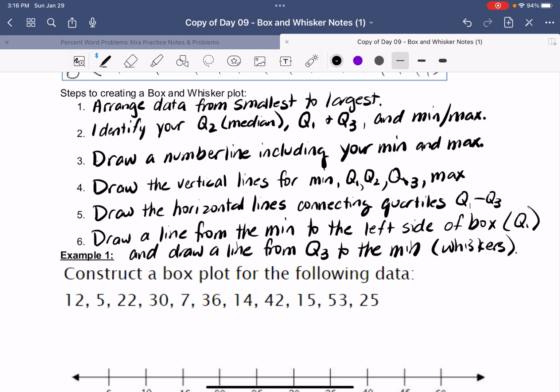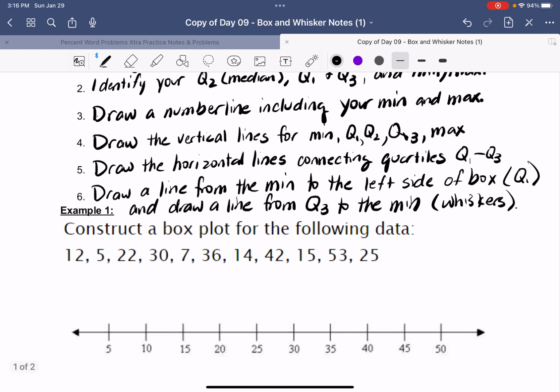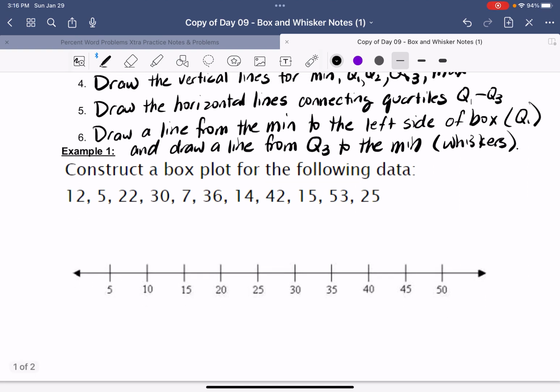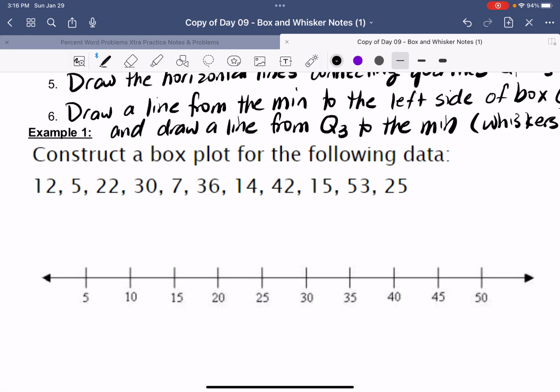All right, so let's look at constructing a box plot for example 1. You can see we already have a nice number line for us, so that makes it nice and easy, but you still have to do step 1, which is to order your data, okay? So here, let's do it together.